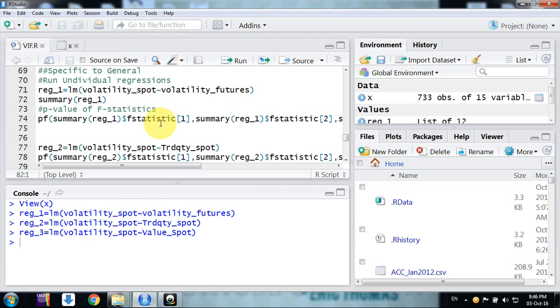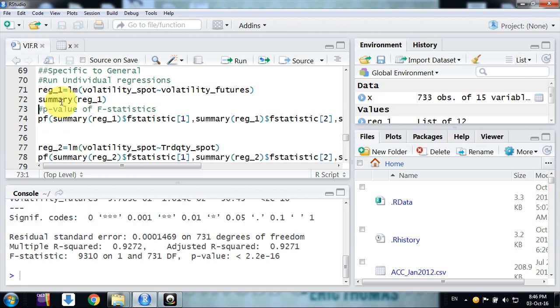What will I do here? I will identify from the ANOVA table of these regressions which has the highest F statistic or the lowest p value. So I am computing the p value. First, I need to know how to do that. Summary is a function to see the summary.